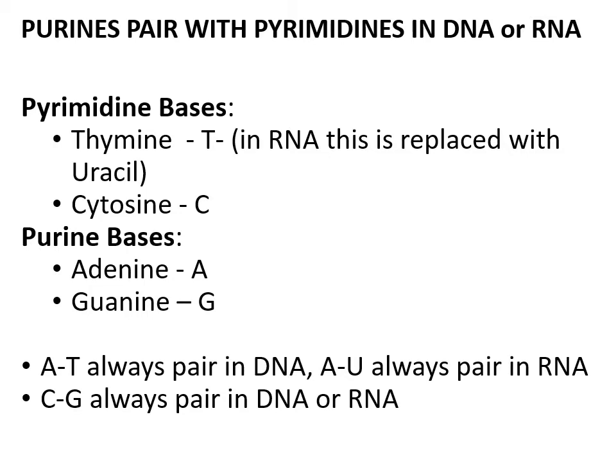RNA uses uracil as its base instead. So let's look at the bottom here. Adenine attaches to thymine; they pair together in DNA. A attaches to uracil in RNA to make a pair. And cytosine and guanine always attach together in DNA or in RNA.